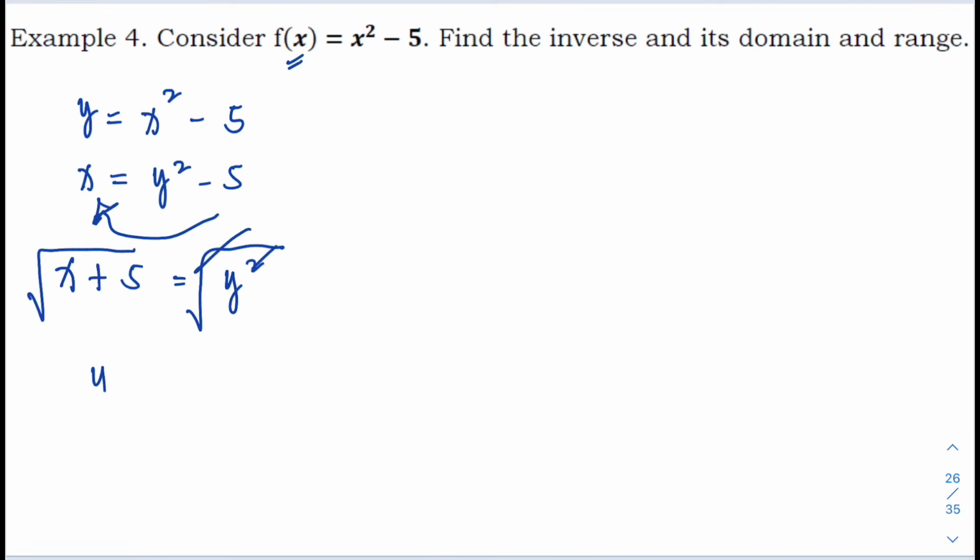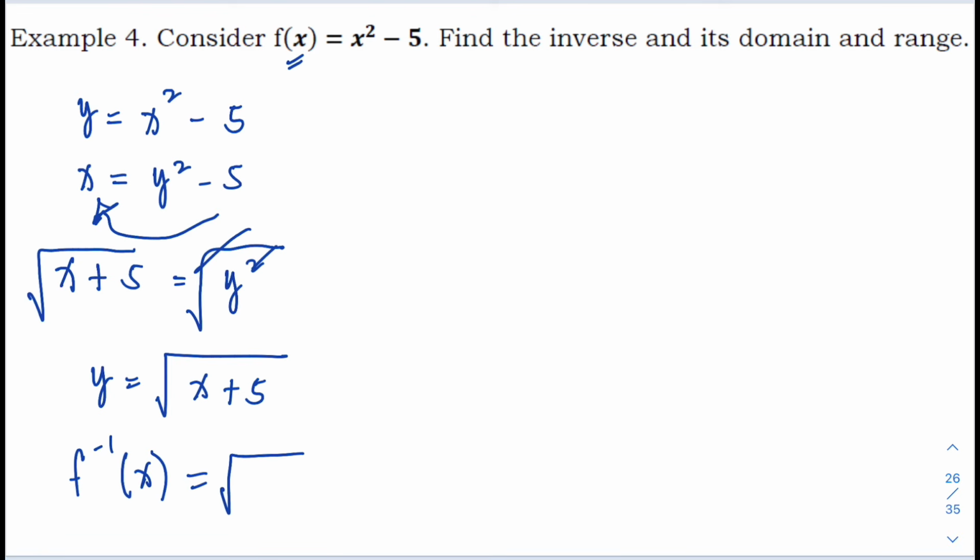So we have y equals square root of x plus 5. Tama? So ito na ngayon guys yung ating inverse function. Okay? So next is identify na natin yung domain and range ng ating original function.